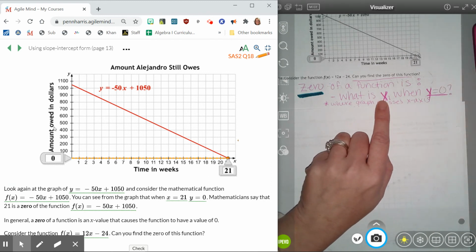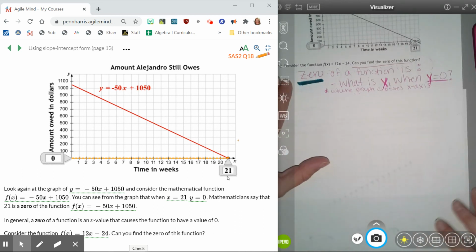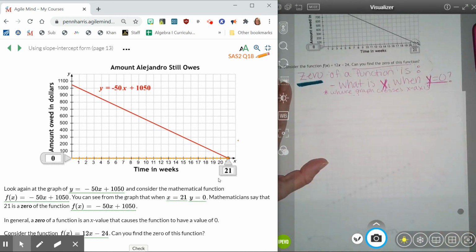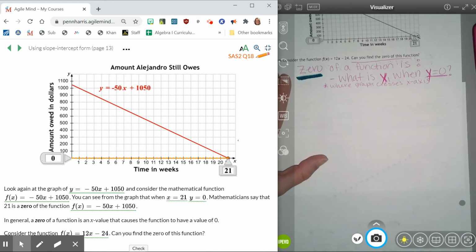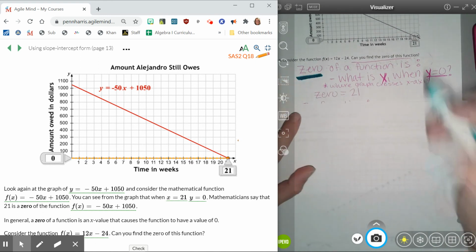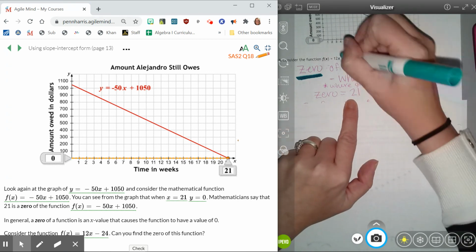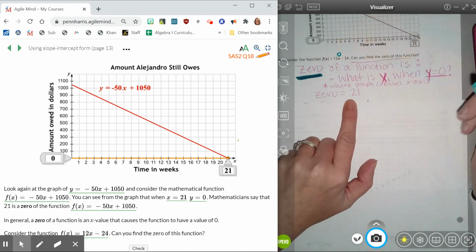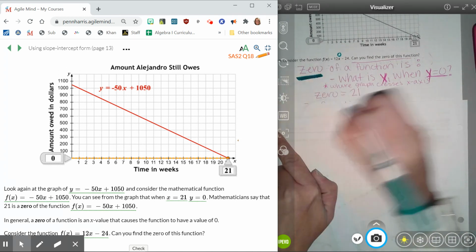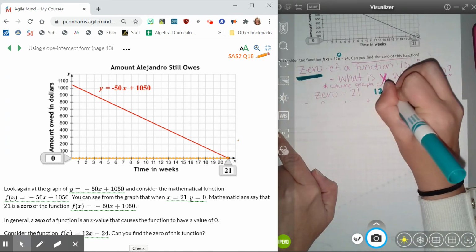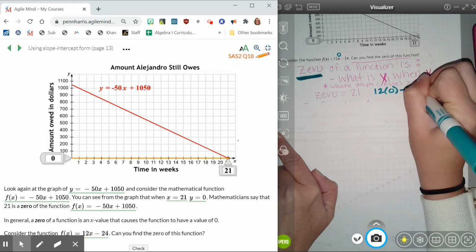In the case of the graph, it would be 21. So what we need to do, sorry, this is the wrong problem here. Ignore that. If I plug in 0 for x here, we would say 12 times 0 minus 24. 12 times 0 is 0, so y is going to equal negative 24.